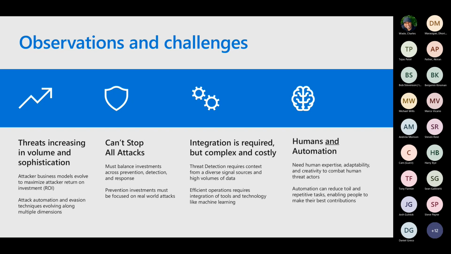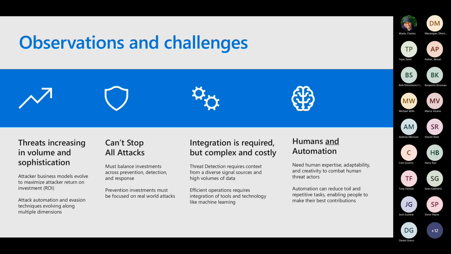Yes, automation definitely plays a very big role, especially when you have a lot of repetitive tasks. But at the end of the day, you still want to be able to combine automation and human ability to figure out what is the main cause for the security breach, or where did it happen, why did it happen.